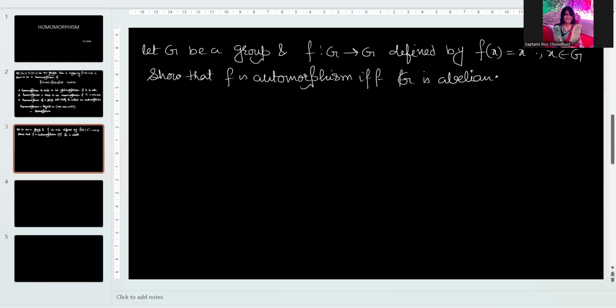So now we will prove it. Here it can also be possible to write it as x square, so the same way you have to proceed. First we will take: if G is abelian, then we have to show that this is an automorphism. Let G be abelian.